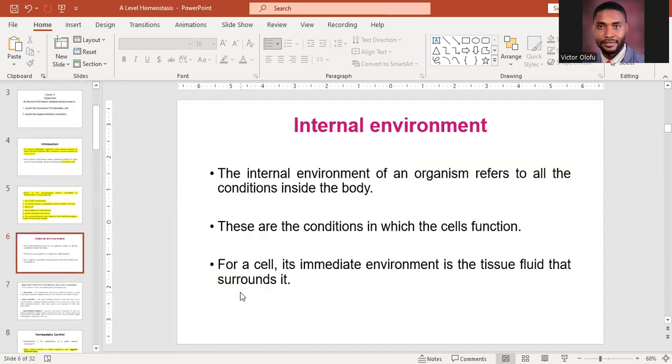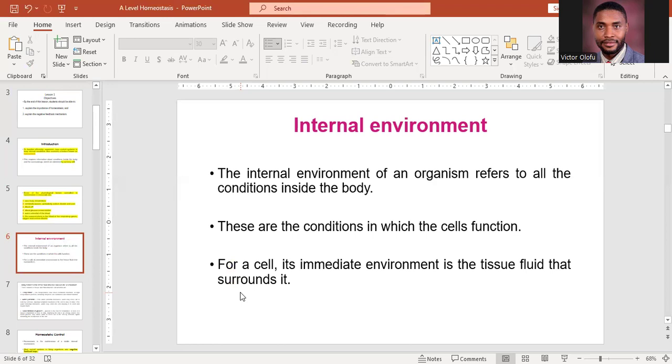Now, the internal environment of an organism refers to the condition inside the body. What is the state, the condition of an organism? That is the internal environment. Now, the cell in an organism will not exist on its own.